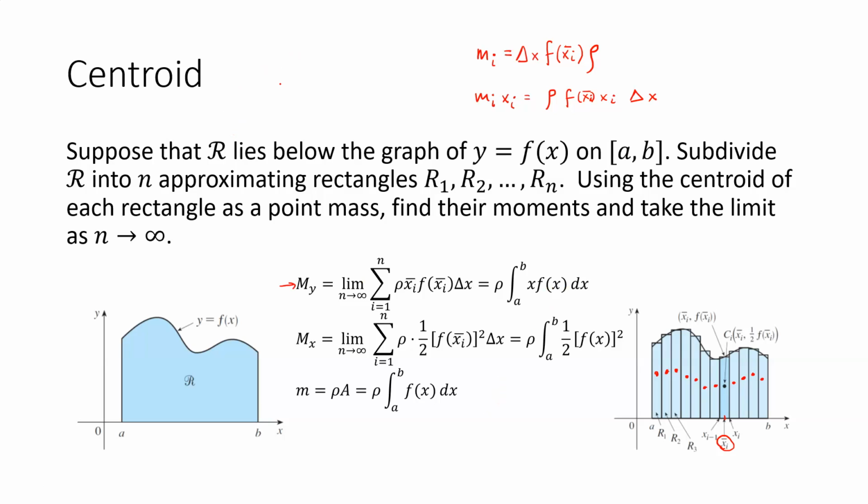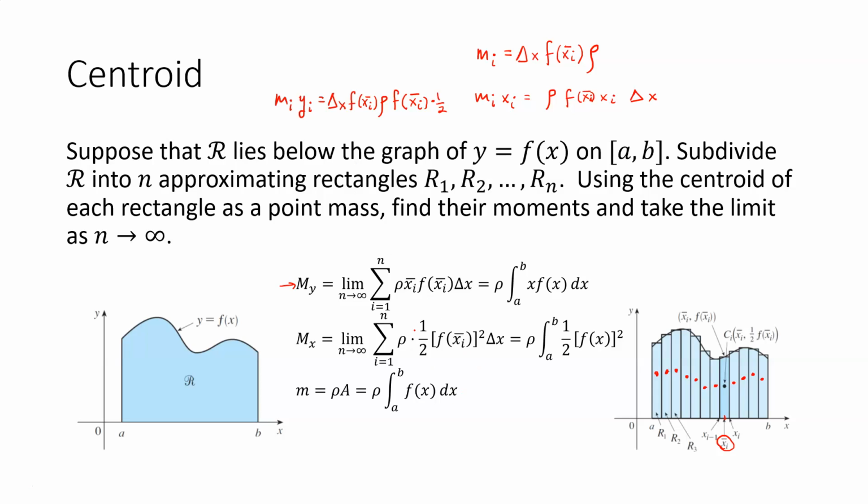Similarly, we can do m_i ȳ_i to get the moment about the x-axis. Using our same m_i, delta x f(x_i) rho, the y_i would be f(x_i), but it's 1/2, because remember that the y-coordinate of our center of mass is 1/2 of f(x̄_i).